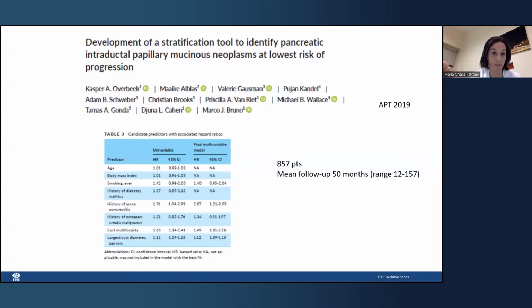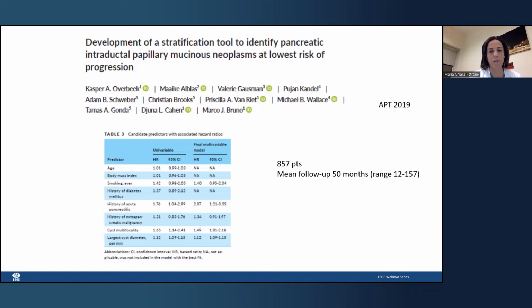optimize the surveillance interval. So the final model includes 5 predictors: the disease site, the multifocality, the history of extrapancreatic malignancy, the history of acute pancreatitis, and also history of smoking. After internal validation, the model seems to have good discriminative ability.